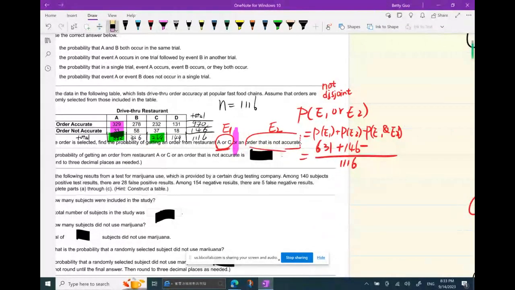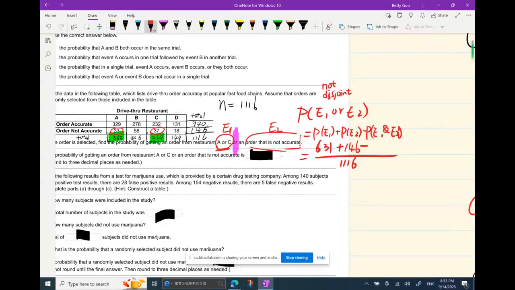How about I just do this? Restaurant A has 33 orders that are not accurate, and restaurant C has 37 orders that are not accurate, right?